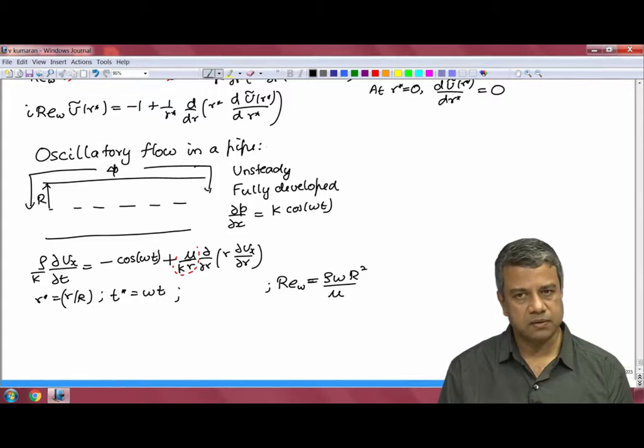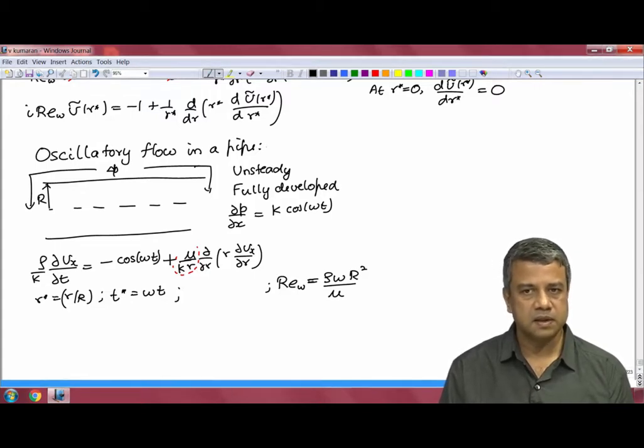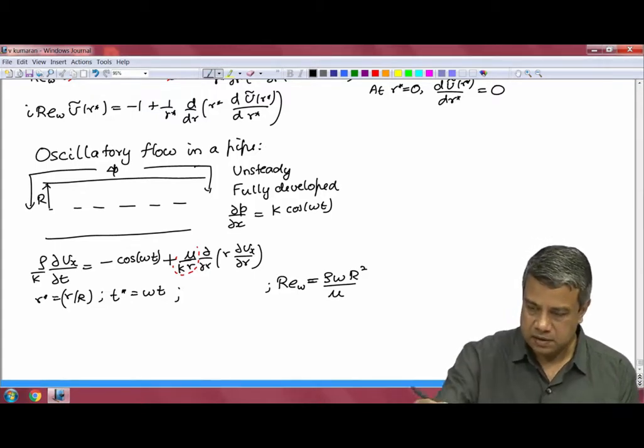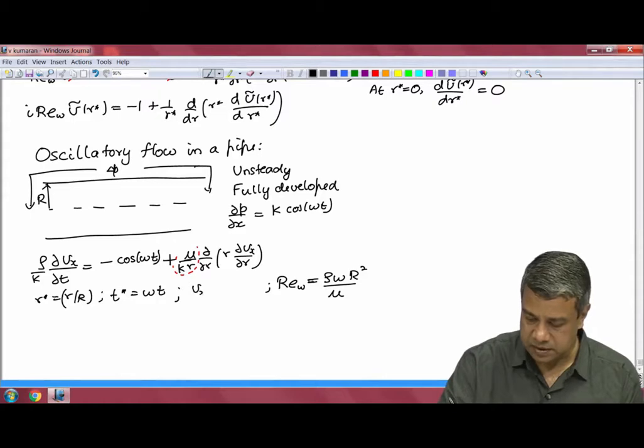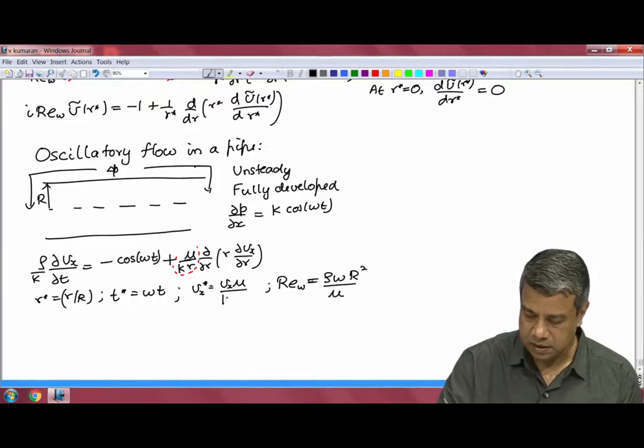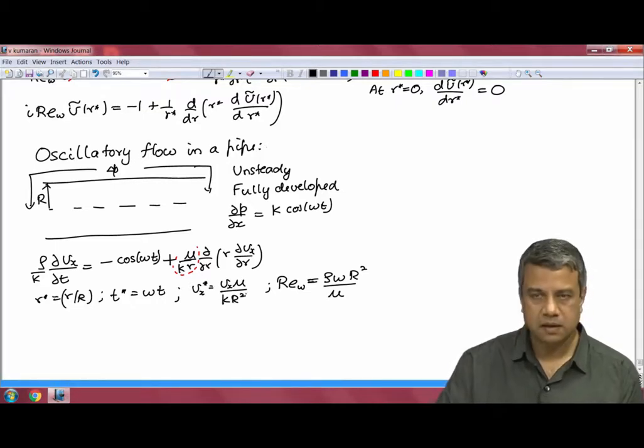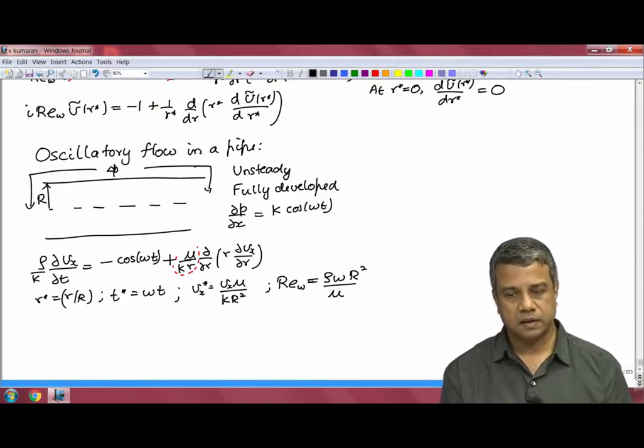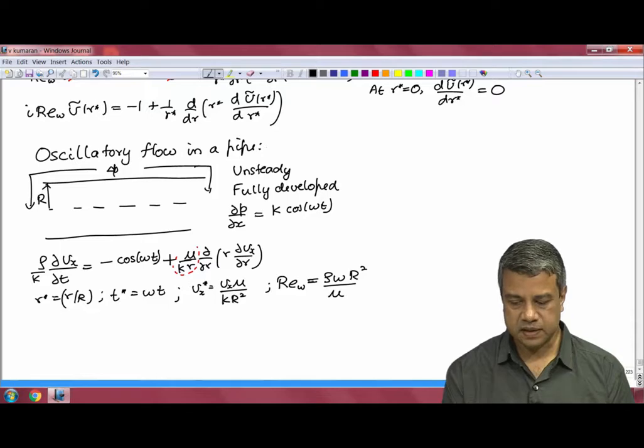And I had said that we will come back later and see what happens if inertia is dominant. So, the velocity scaled by the viscous scale is going to be equal to Vx mu by k r square. That was the viscous scale that we had selected in the last lecture.